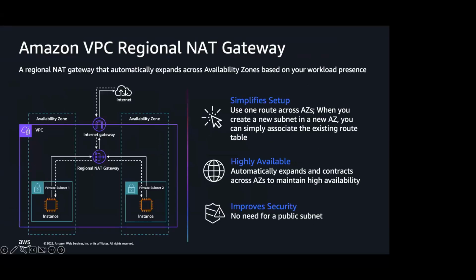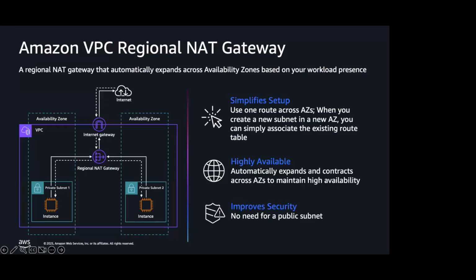Next slide, please. So next is the VPC regional NAT gateway. If you've spent any time working in AWS, you're probably familiar with NAT gateway. NAT gateway is an address translation service that is very commonly used where you have compute workloads, EC2 instances, that need to send communications outbound to the internet, reach out to download patches, et cetera.